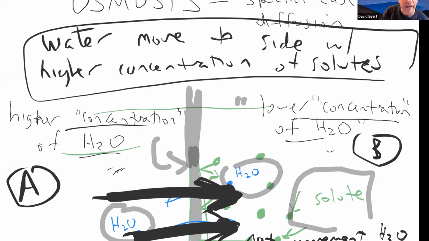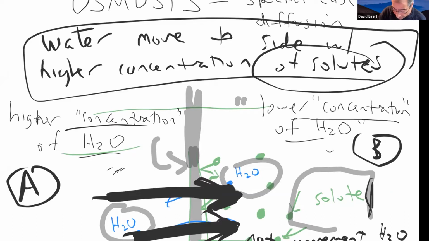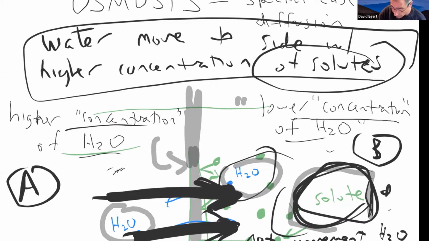But in a more intuitive way, when I personally think of osmosis, I think of the higher concentration of solute, the side that's got more stuff dissolved, salt or sugar or whatever, kind of sucking the water over, right? So in my mind, that's a more intuitive way to think of osmosis. The water gets kind of sucked into the area that has more solute dissolved.